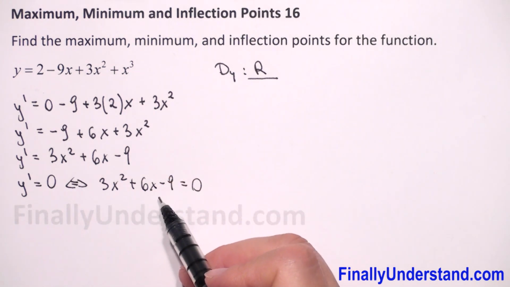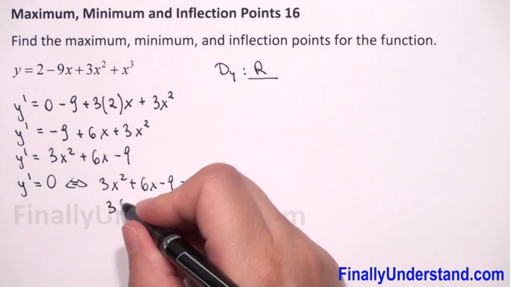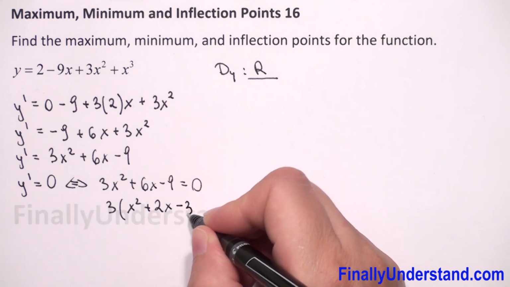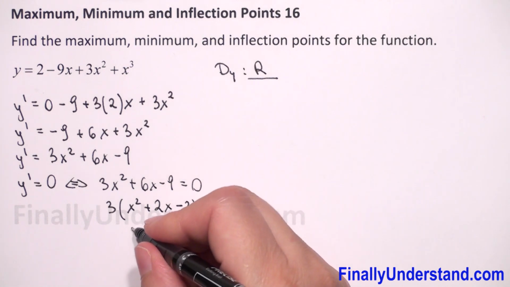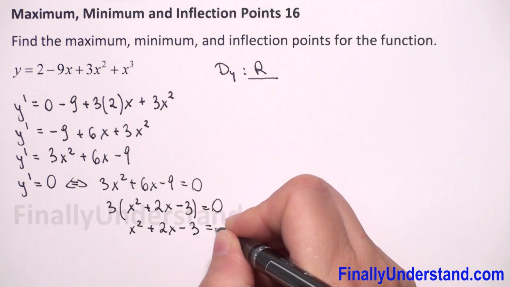We have a quadratic equation. First, I will factor out 3. I will divide both sides by 3, so we have x squared plus 2x minus 3 is equal to 0.